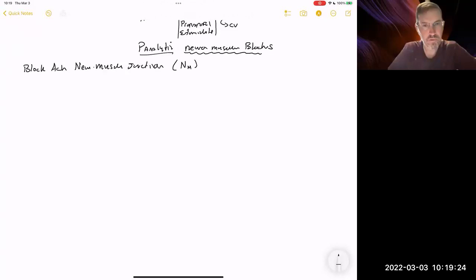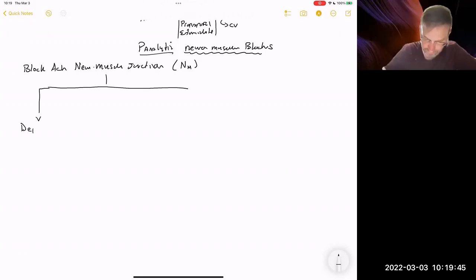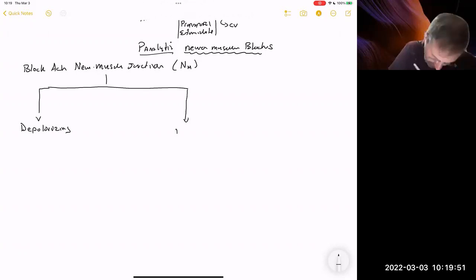Remember, all the way back at autonomic pharmacology, we said that there are different subtypes of nicotinic receptors. So these tend to block the nicotinic receptors in the neuromuscular junction, and that's their primary mechanism of action. There are two major categories of neuromuscular blockers: the depolarizing neuromuscular blockers and the non-depolarizing.